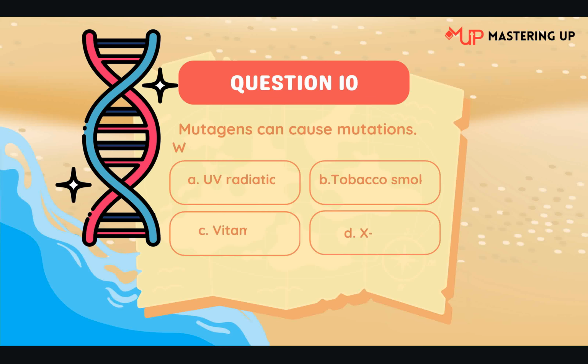Now let's move on to the final question. Mutagens can cause mutations. Which of these is not a mutagen? Option A, UV radiation. Option B, tobacco smoke. Option C, vitamin C. And option D, X-rays.